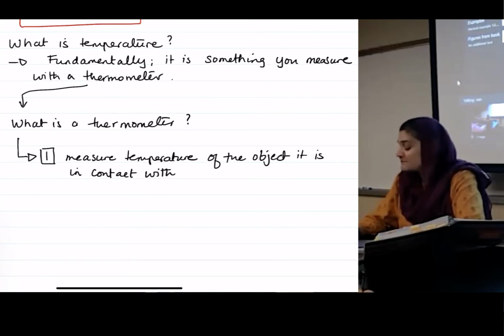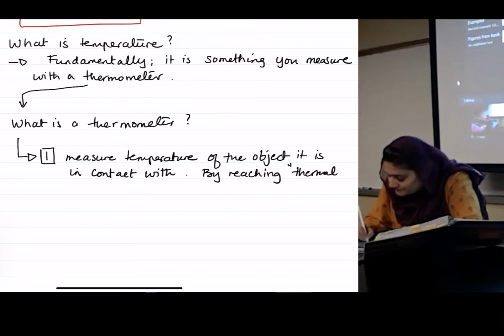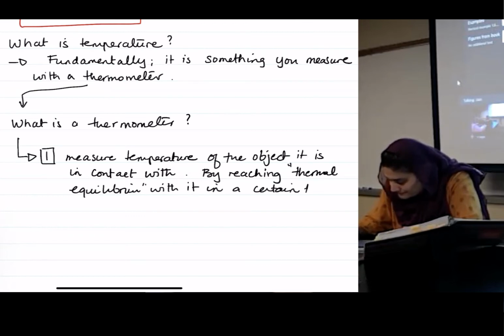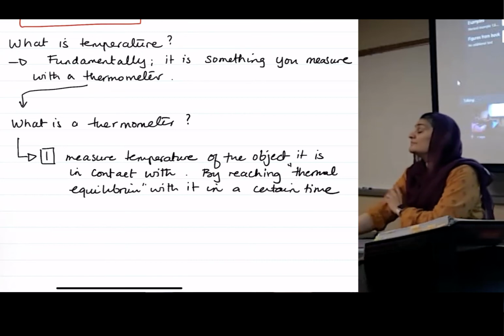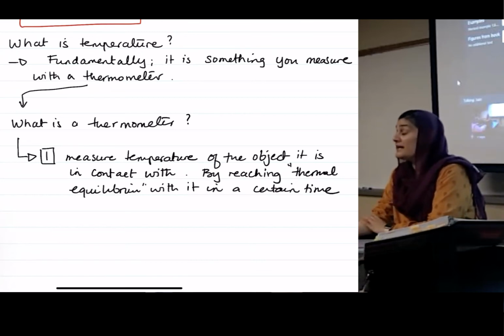And how does it do that? By reaching thermal equilibrium with it in a certain time. And that certain time has a name associated with it. That's called the relaxation time.